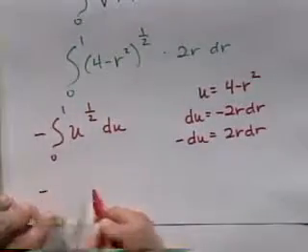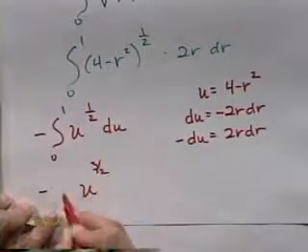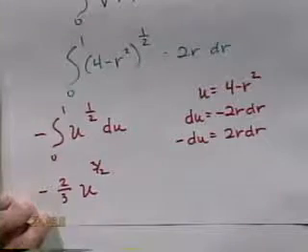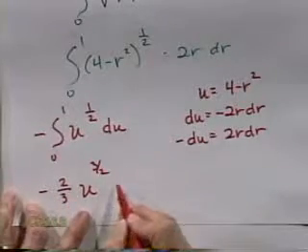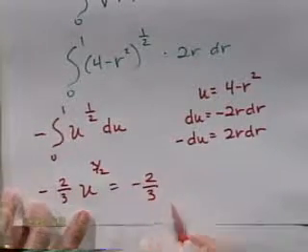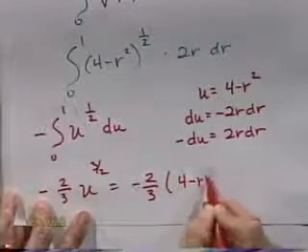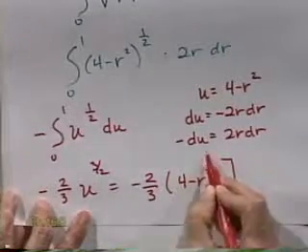Which would be minus, increase your exponent by 1, dividing by 3/2 is the same as multiplying by 2/3, which is going to give me minus 2/3 times u, which is 4 minus r squared, to the 3/2.